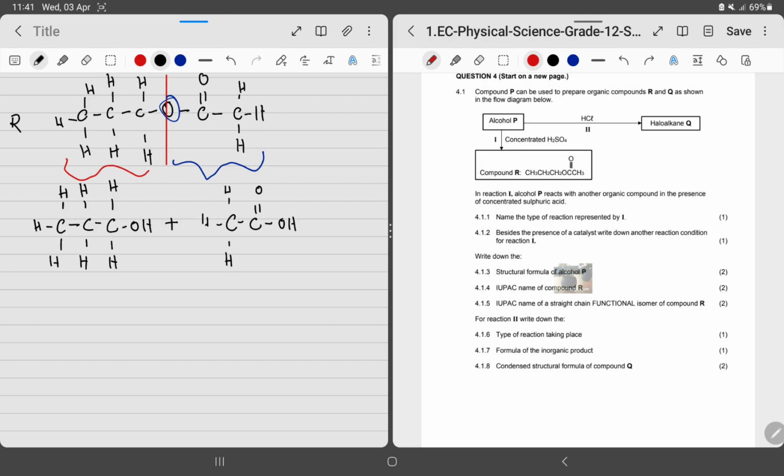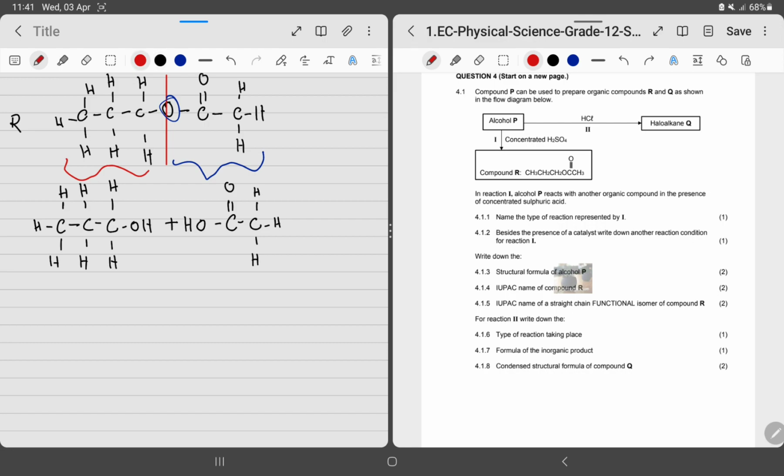So this is the corresponding carboxylic acid. But I just want to show you something, so I'm going to invert this. So this is the OH, and then I have 3 hydrogens there.